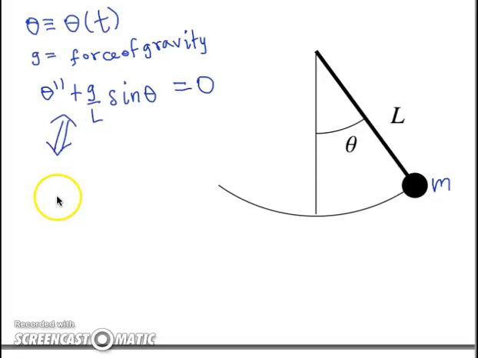What we know is the acceleration is the length times the second derivative of theta, and the mass of the pendulum is m. So the acceleration times the mass is equal to the tangential component of the force given by gravity, and that is precisely given by the term mass times gravity times sine of theta.